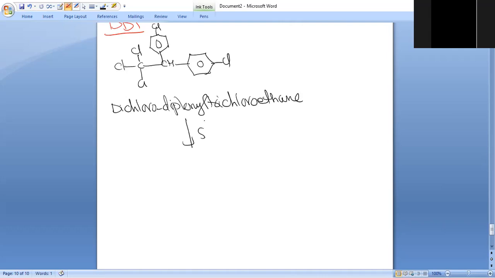If it slowly decomposes, it becomes DDD, dichlorodiphenyldichloroethane, instead of trichloro. This was asked previously in an AIIMS question once. You have to keep that DDT on slow decomposition is converted into DDD, dichlorodiphenyldichloroethane. One chlorine is eliminated.